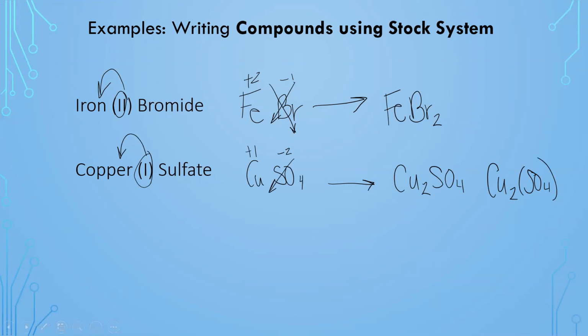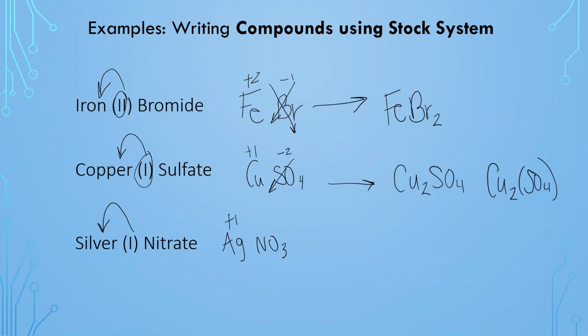Okay, try another. Silver 1 nitrate. Once again, an element and a radical. So silver is Ag. Nitrate is NO3. Make sure you're watching a radical sheet because there is also a nitrite. So the 1 Roman numeral is the charge of silver. So silver is +1.